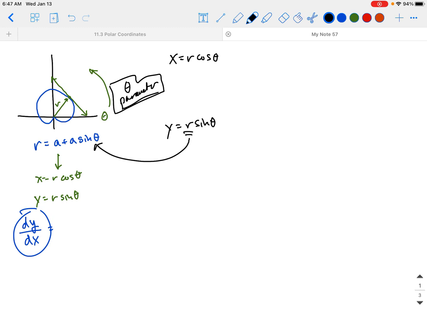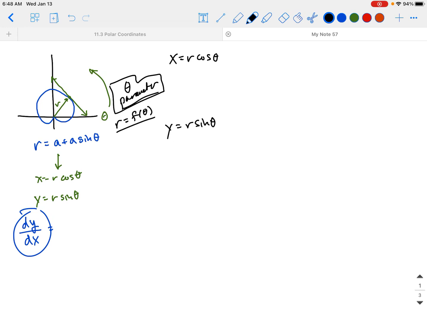So note when we write our polar equations, r is going to equal some values with theta in them, where theta is the changing quantity. So r is a function of theta, which means that we really have just a single variable expression here. r is a function of theta, cosine of theta is in terms of theta. So this r cosine theta is just a product of two functions of theta.